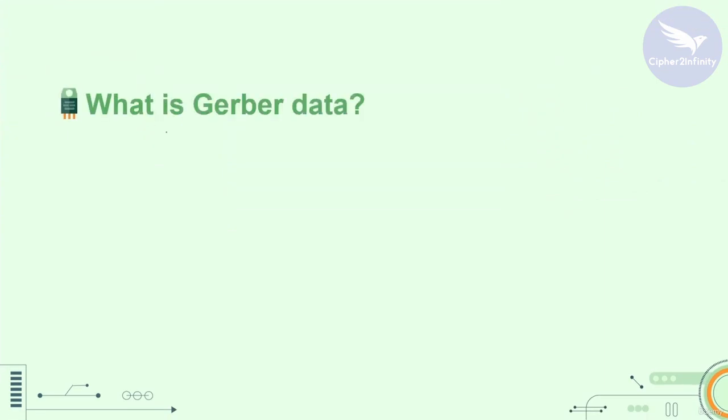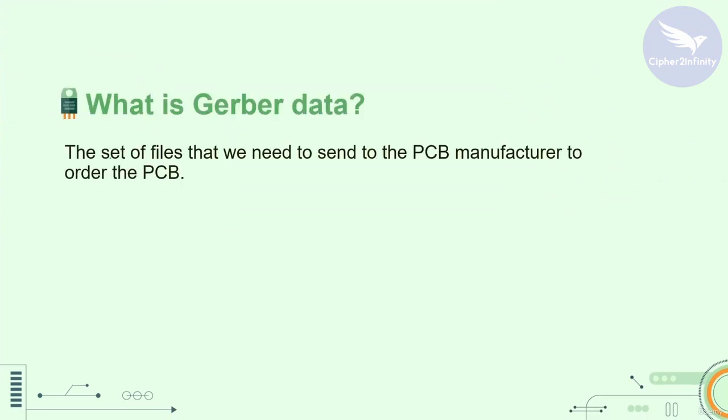So what is Gerber data? It's basically a set of files that we need to send to the PCB manufacturer to order the PCB. The PCB manufacturer is going to use those files to manufacture the PCB.